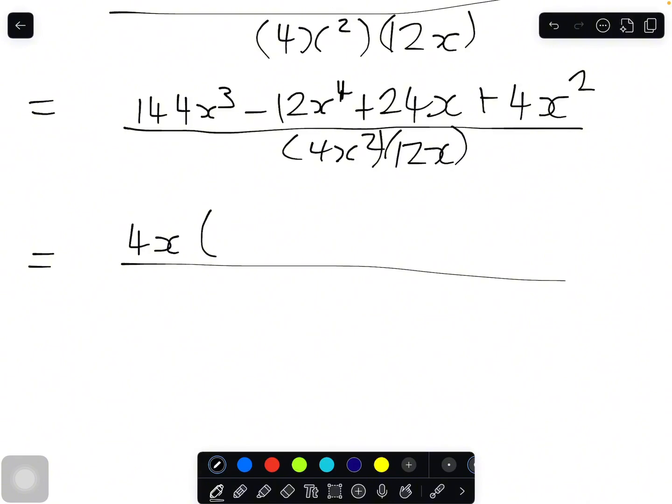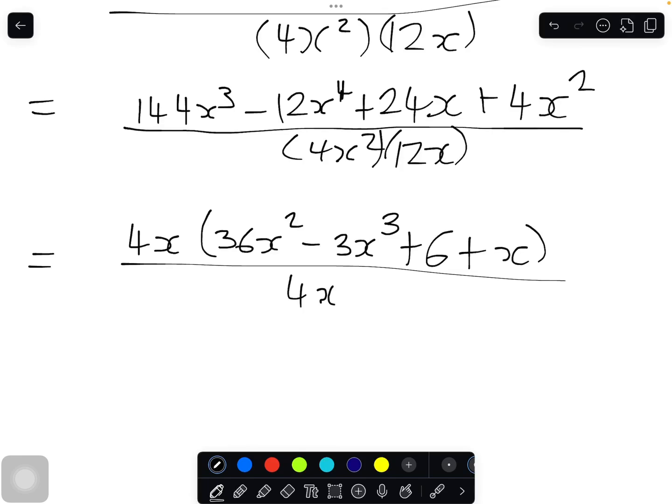That'll be 36x squared minus 3x to the power 3 plus 6 plus x. Okay, and this is going to be over 4x squared into 12x.